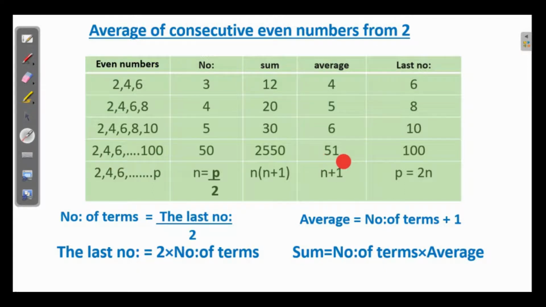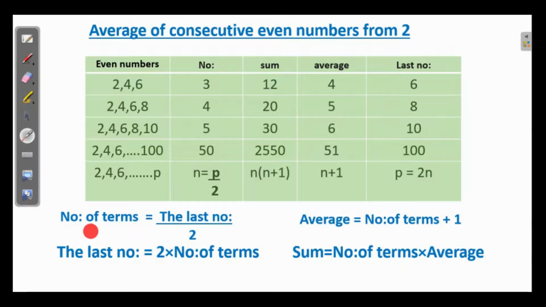Average is 51. So, number of terms plus 1 is the average. So, we can conclude that average is equal to number of terms plus 1 in the case of consecutive even numbers from 2.